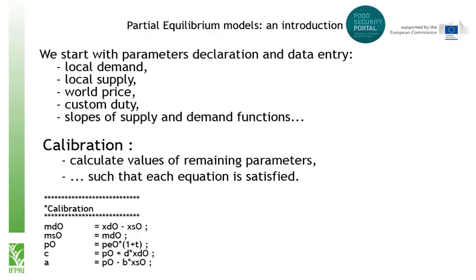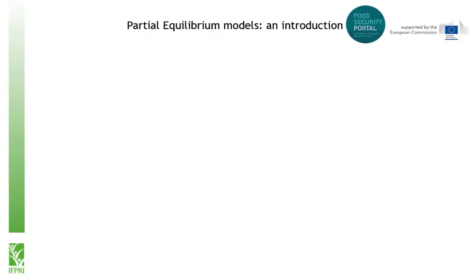So you must start with P0, then C. If you start with C, then once you give a new value to P0, C will no more be equal to P plus d times xd0. So this equation will no more be satisfied. So be very careful with the order of the calibration, because it has to be consistent in order to be sure that at the end of the calibration, every equation is satisfied. So now let's proceed with the end of the program.